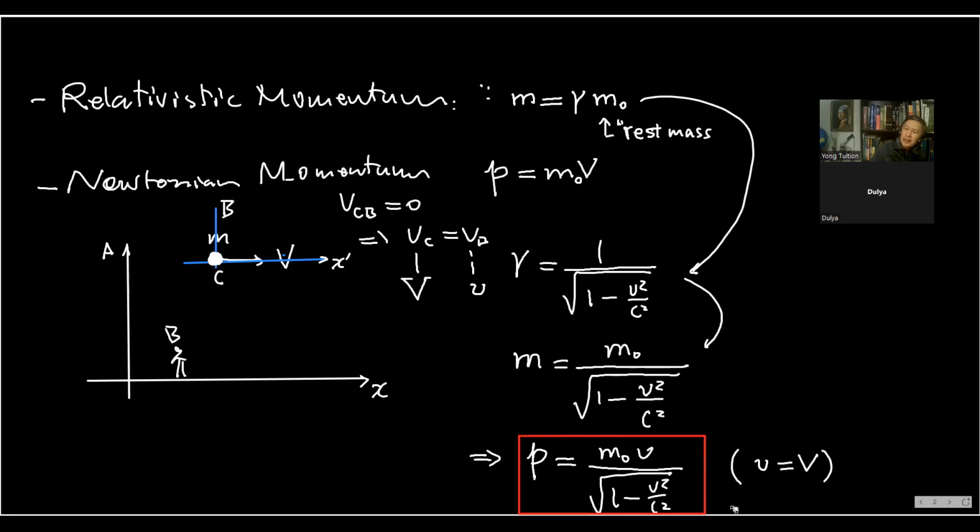So next time when you are asked to calculate the momentum of a moving object, you have to ask what is the rest mass, okay? And of course, you have to follow the definition. You have to say what is the velocity. Can you see the difference between these two formulas for momentum? The Newtonian and relativistic formulas are different.